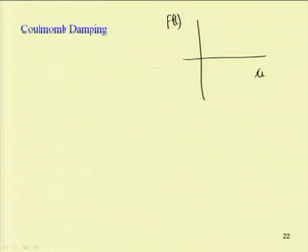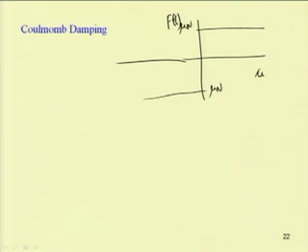So, if velocity is positive, then one has plus mu n, and if velocity is negative, one has minus mu n. So, this is Coulomb damping. So, in Coulomb damping for positive u dot, one gets the force equal to mu n, and for negative u dot this force equal to minus mu n.